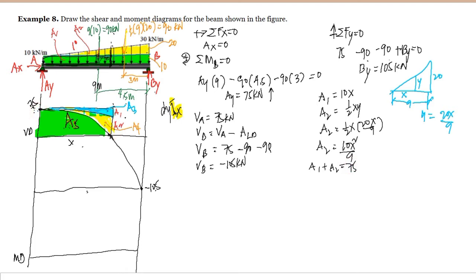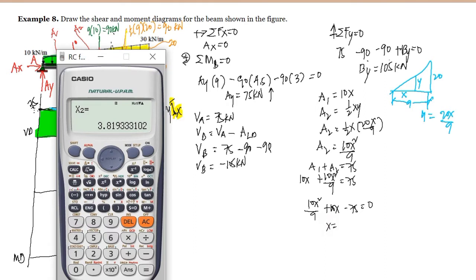Kaya nagkaroon ng synchronous shear. So, we have here area 1 is equal to 10x and the area 2 is 10x squared over 9, equal to 75. Solving for the value of x, i-rewrite natin yung equation natin in such a way na naka-format siya dun sa calculator. This is equal to 0. Using the mode function, mode 5 and that's 3.